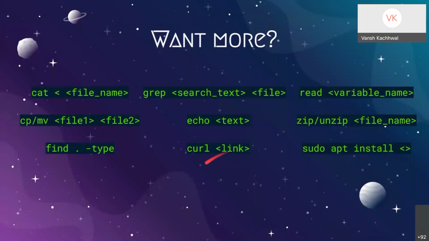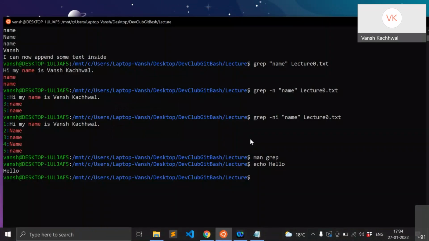Then there is the curl command. This curl command is actually very useful. You are very familiar with the inspect page option now, as you have attended the first lecture of the series. In the same manner, if I want to render the whole HTML content and JavaScript in this command line, I can use the curl command.